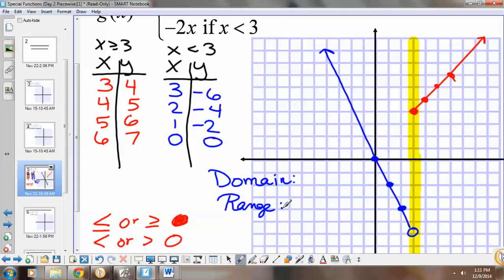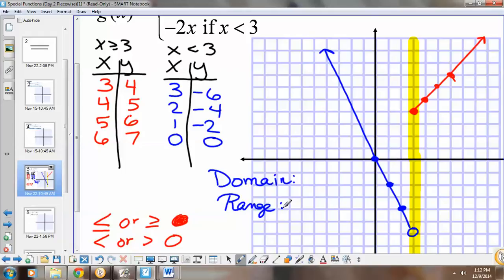Is 3 less than 3? No, that doesn't make that true. So that's why we have to use an open circle, because 3 is really not a solution for that graph. But every other number we select, like 2, 1, and 0, those are all numbers less than 3, right? That's why we put a closed circle there. The open circle is a hole. It's just a placeholder. It's not really part of our graph.